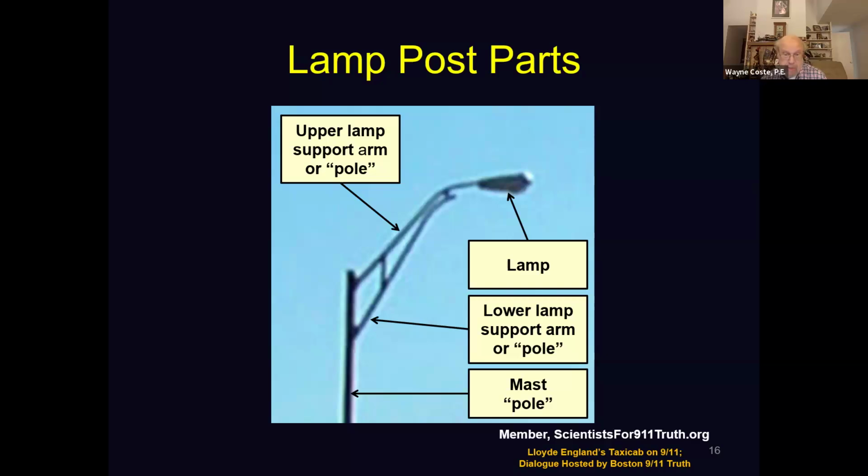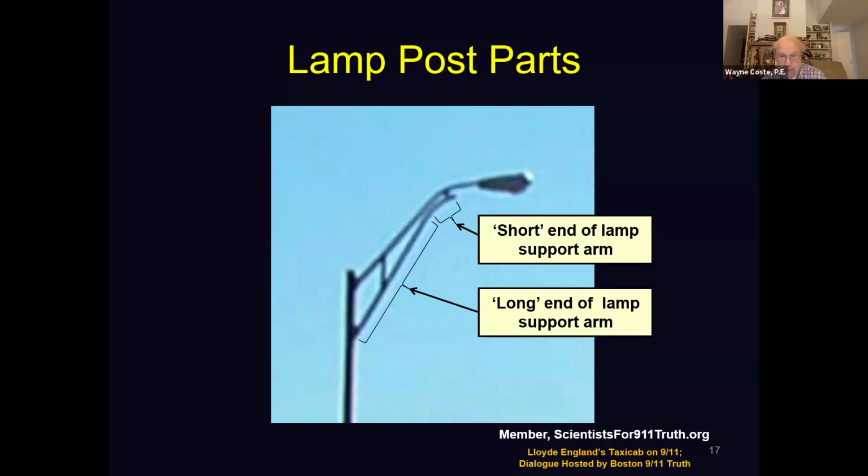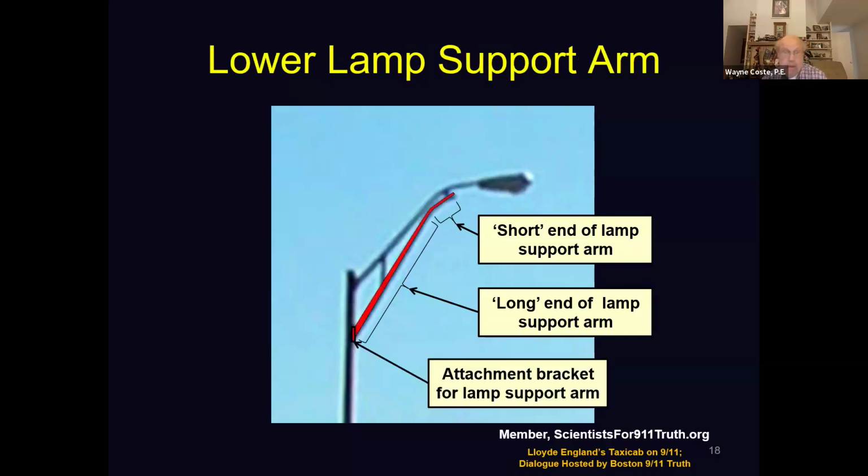What we have here is a mast at the bottom. You can see it says mast pole. And then there's a lower lamp support arm. Its job is to help hold up the lamp with the help of the upper lamp support arm or pole. What we see is that there's a short curved end and a long end that's heavier and thicker.